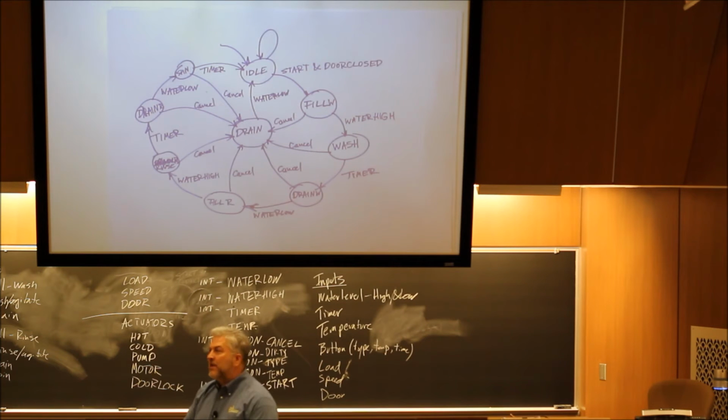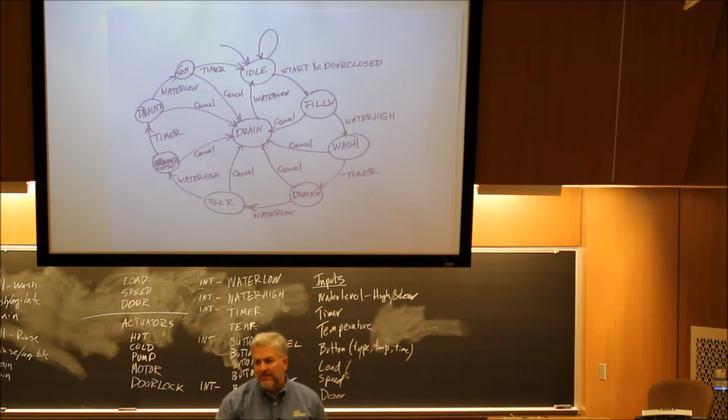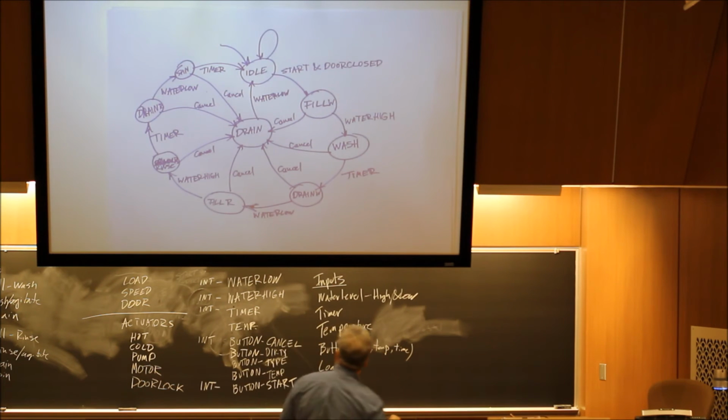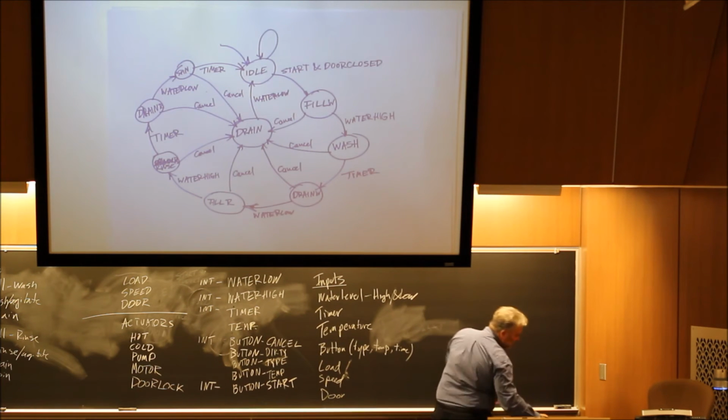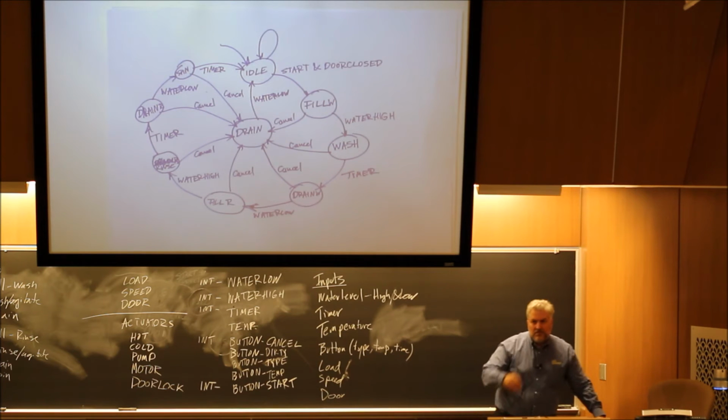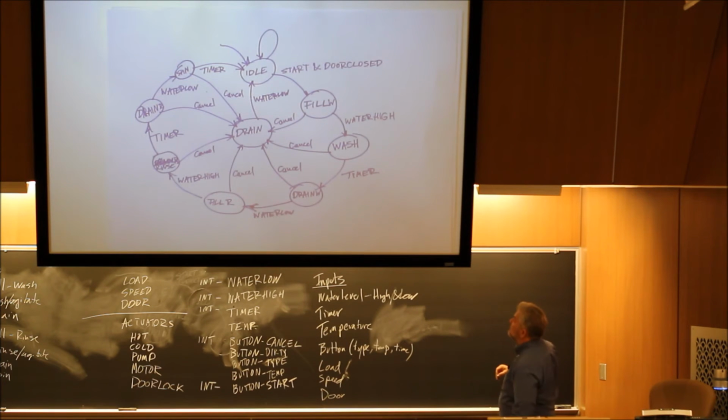Now the important thing to think about is, how do you change states? So let's look at a really easy one: drain, right? So in the drain state, what is happening?